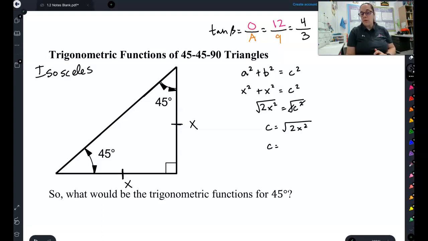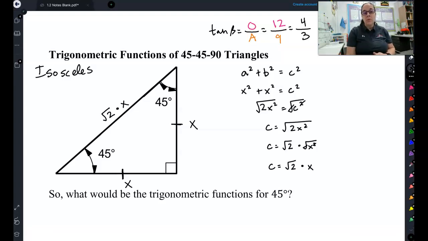Now, you may remember from earlier math classes, maybe not, that you can split up square roots over multiplication and division. The reason I would do this is so that this square and that square root cancel, and I get C is the square root of 2 times x. So that means my hypotenuse here is the square root of 2 times x.